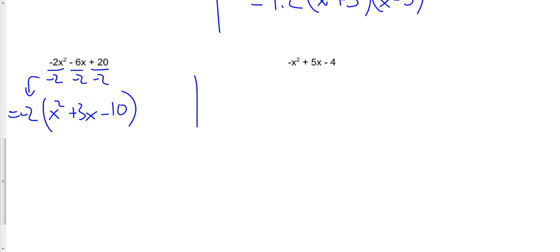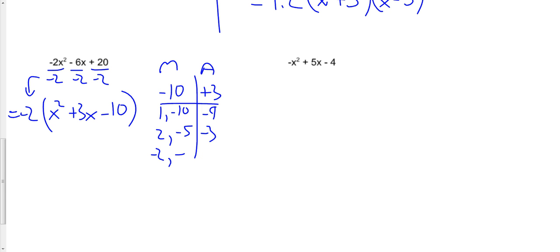Okay? So if I go through and I fill out my MA chart, then I'm looking for two numbers that multiply to negative 10 and that add to positive 3. So 1 and negative 10 gives me negative 9. 2 and negative 5, they add to negative 3. So let's try the opposite.